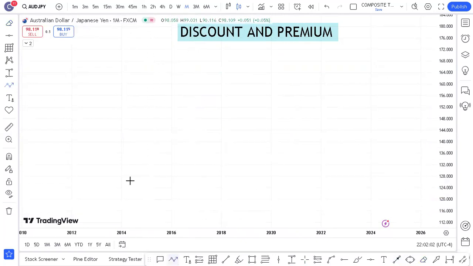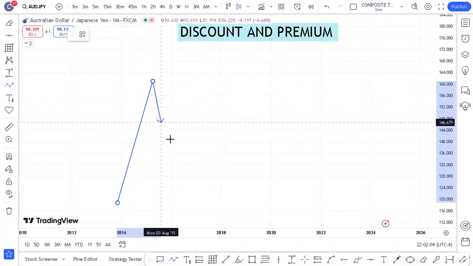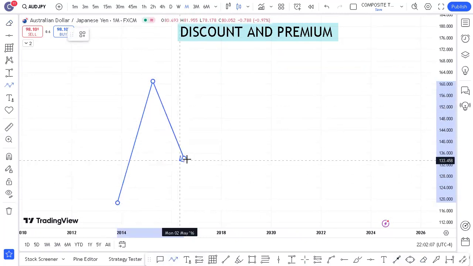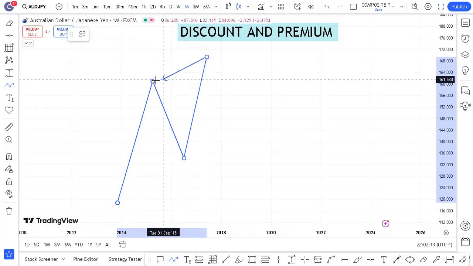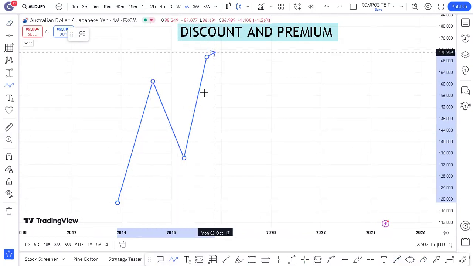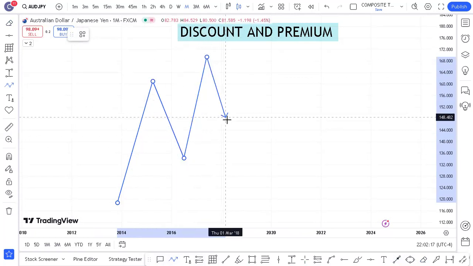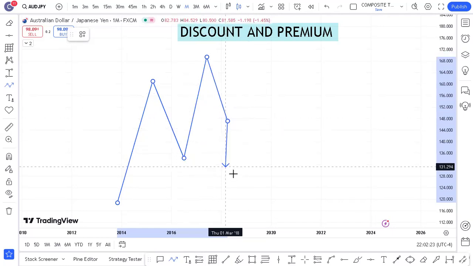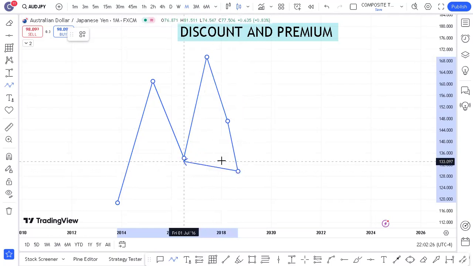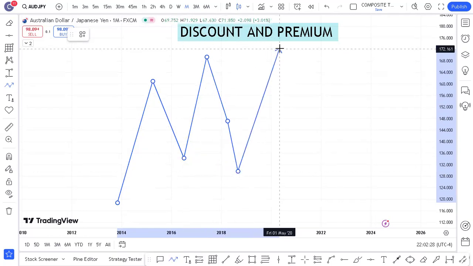Once price goes higher, it retraces back to a level of mostly discount, or just below equilibrium, then you'll see it go up again, break the structure, and this becomes a new range. You'll see it retrace again to a certain range and extend higher, unless it wants to collect liquidity, then it can go lower, sweep liquidity, and proceed to the upside.